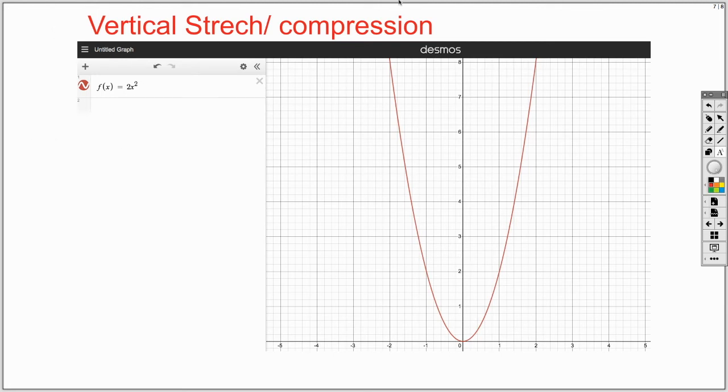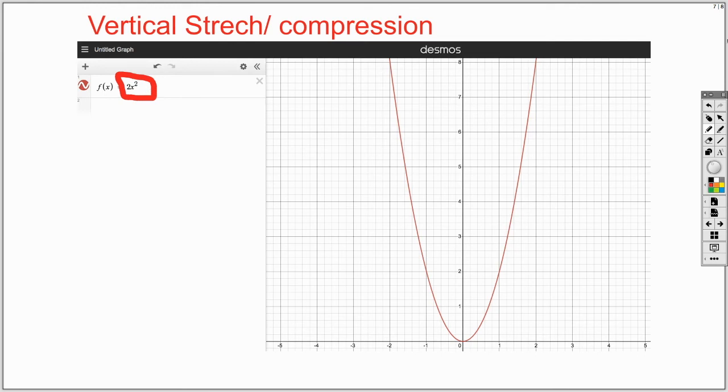Let's take an example of this graph. We can see that there are no parentheses, indicating that there's no horizontal change, and there's nothing written on the side, which tells us it's not moving up or down. Instead of being x to the power of 2, like our parent function, it is 2x to the power of 2.